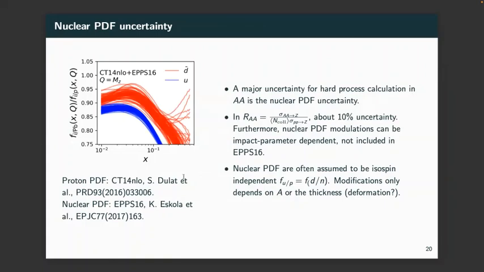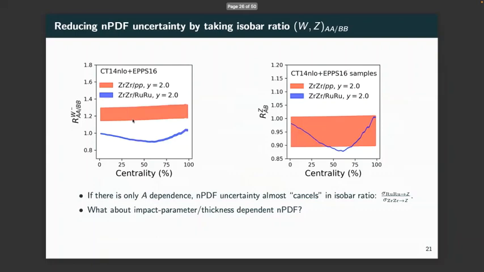The first one is the nuclear PDF uncertainties. That's actually quite sizable. For example, W plus production involves u colliding with d-bar, and we have 5% uncertainties. Hopefully by taking isobar ratios, this can cancel. This case is the isobar ratios of W minus and Z bosons.